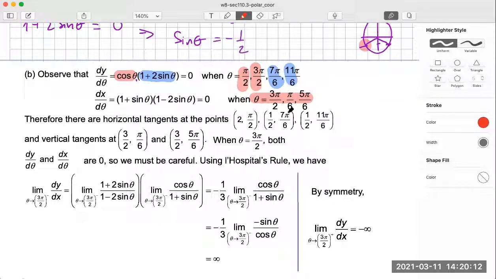Having these angles, we can find the points. Here, we must be careful: when theta is 3 pi over 2, both dx over d theta and dy over d theta are 0.